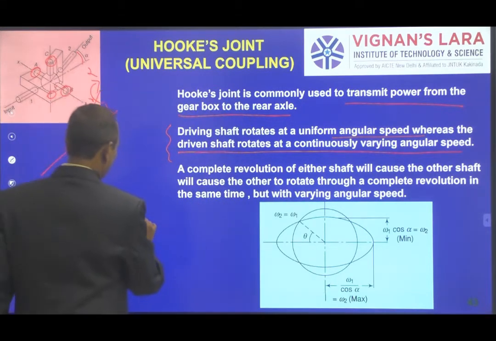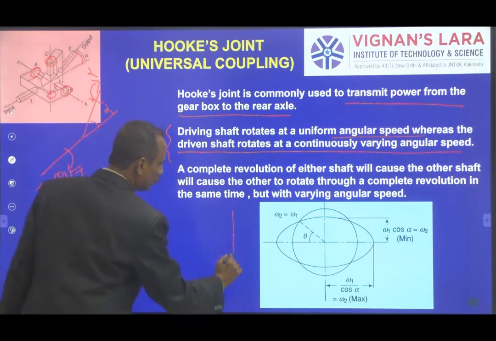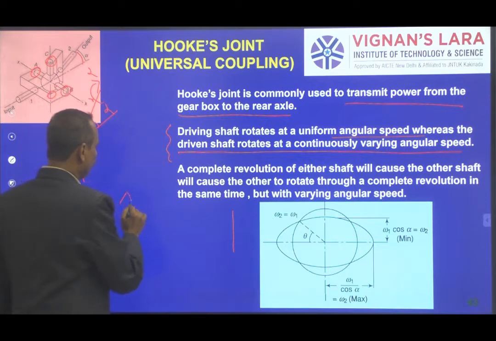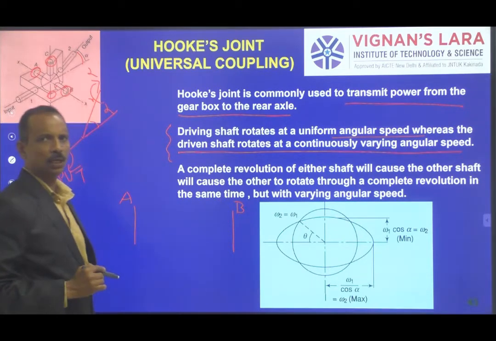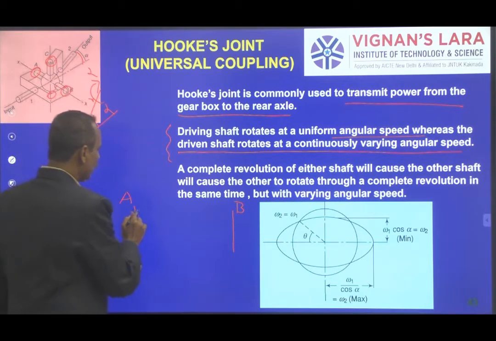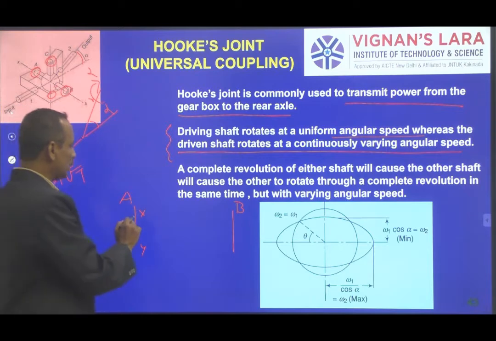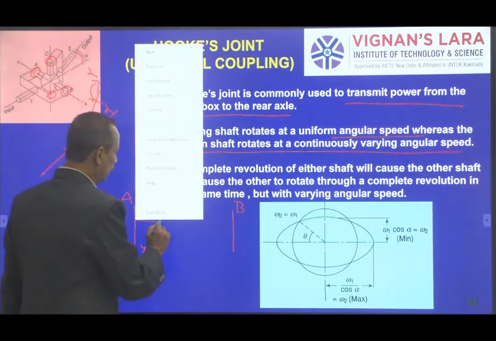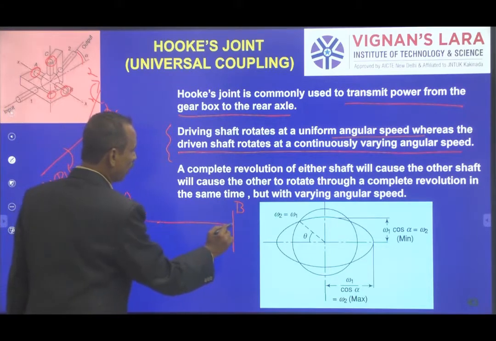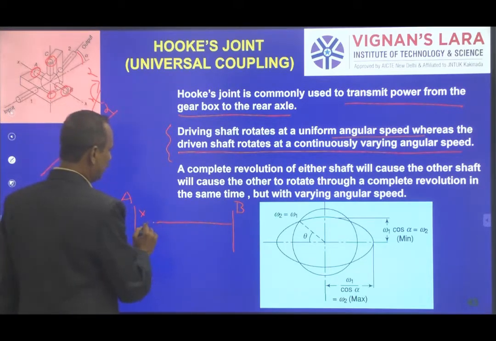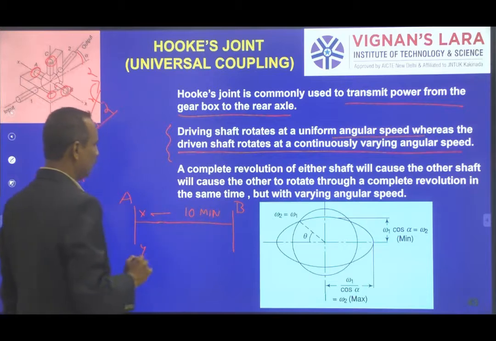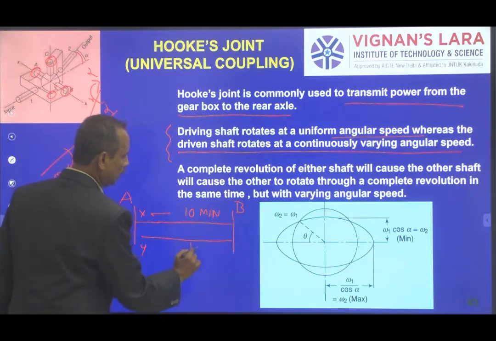Let us say you are asked to move from this position to this position, A to B. There are two people named X and Y. X started here and reached point B in, say, 10 minutes, whereas Y also finished this distance in 10 minutes.